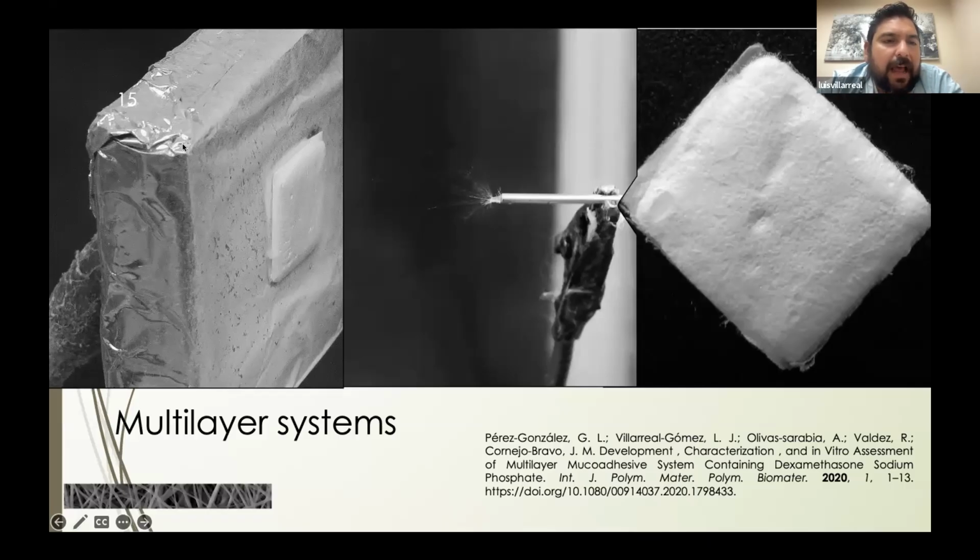We use an aluminum foil in order to collect the fibers and then easily transport the samples to the different characterization techniques, or create this kind of mucoadhesive system, as you can see here. This in particular has different layers.